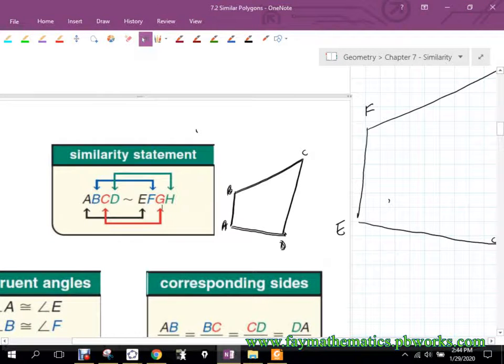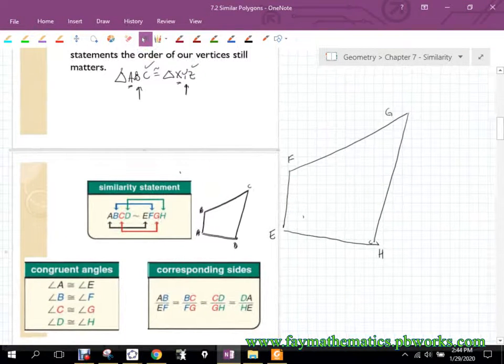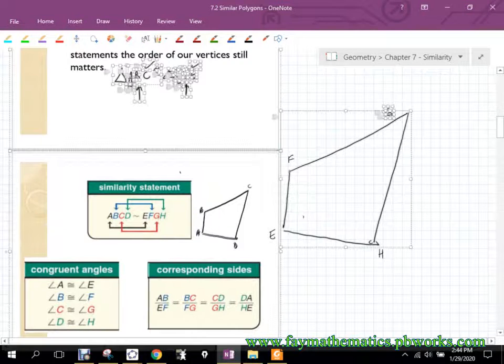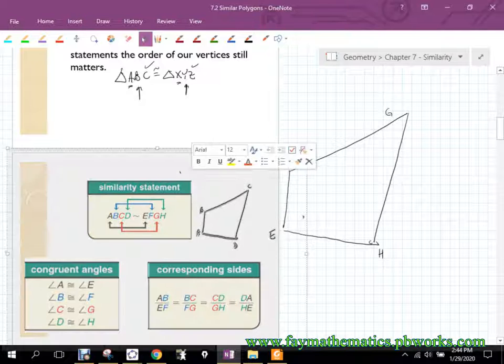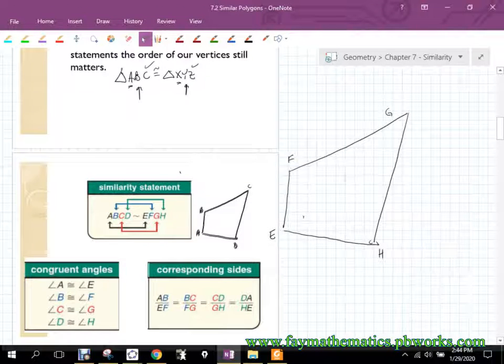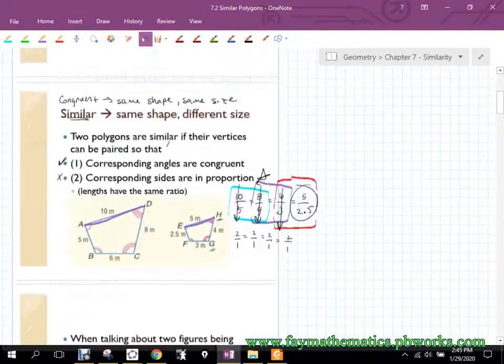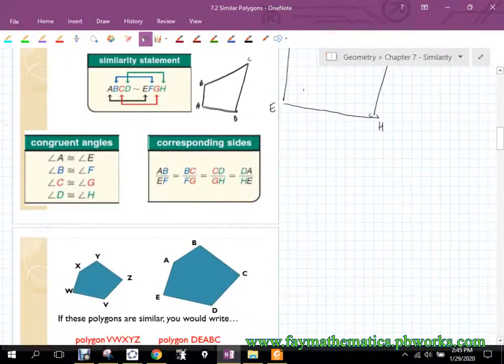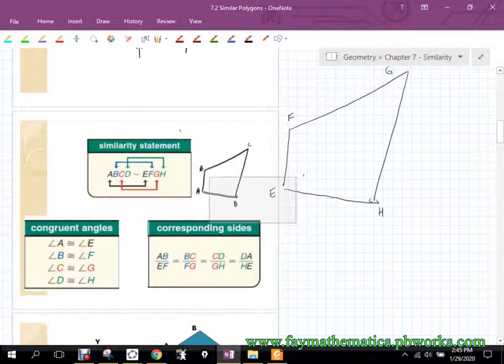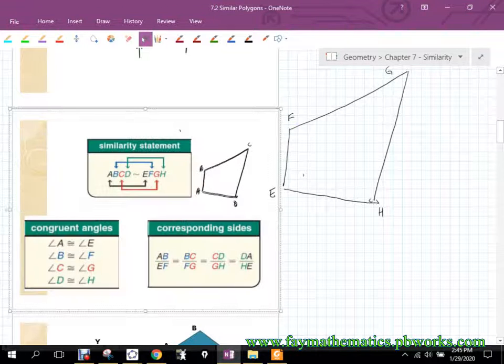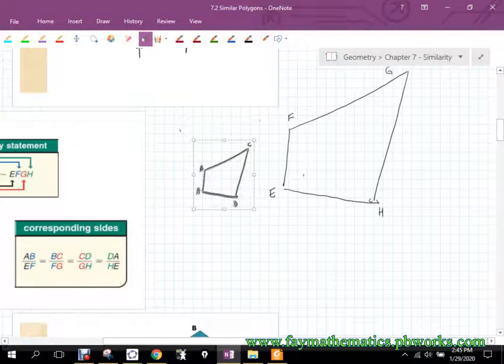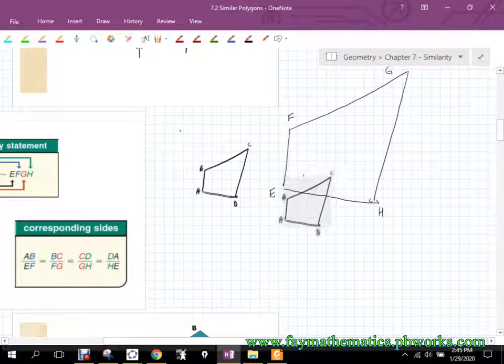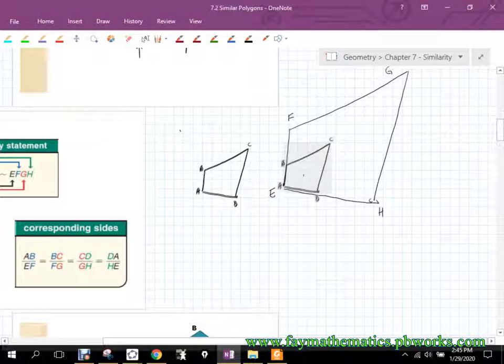Now, what is a little bit different than what we talked about with congruencies: when I put that quadrilateral on top of this one, obviously those side lengths are not the same. If I take that one there and put it there, obviously A to B is not the same thing as E to F, right?